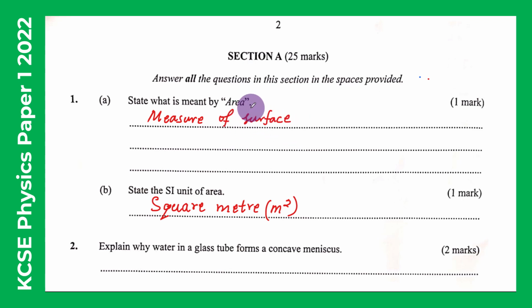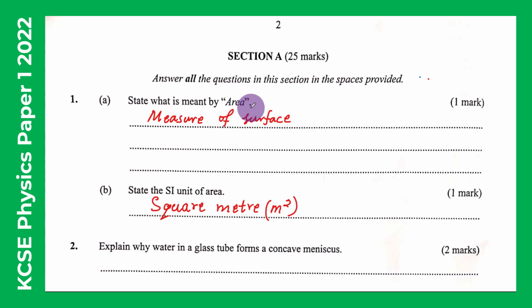Of course, area is the first derived physical quantity that we study in physics, because the first section deals with the 7 basic physical quantities, which include length, mass, time, and so forth. And then the other physical quantities, which are not basic, they are derived. And area is the first one.